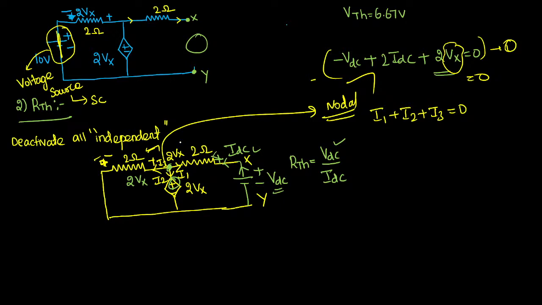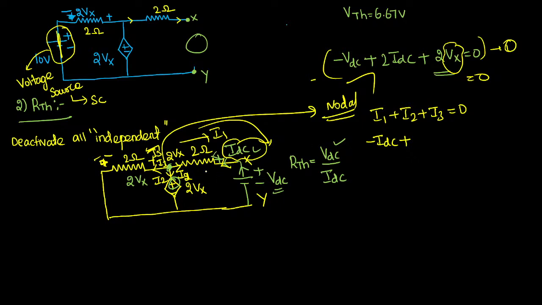I am treating this one as I1, this as I2, and this as I3. So the current for this branch I can write as minus IDC, because the current already coming on the branch is opposite to my direction, so I am putting minus IDC.